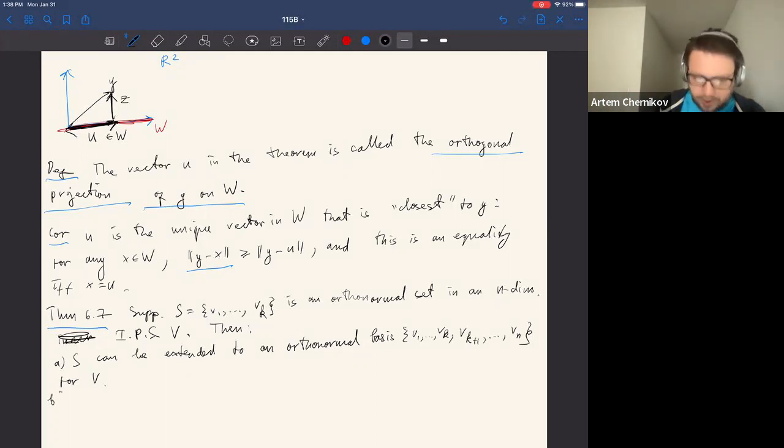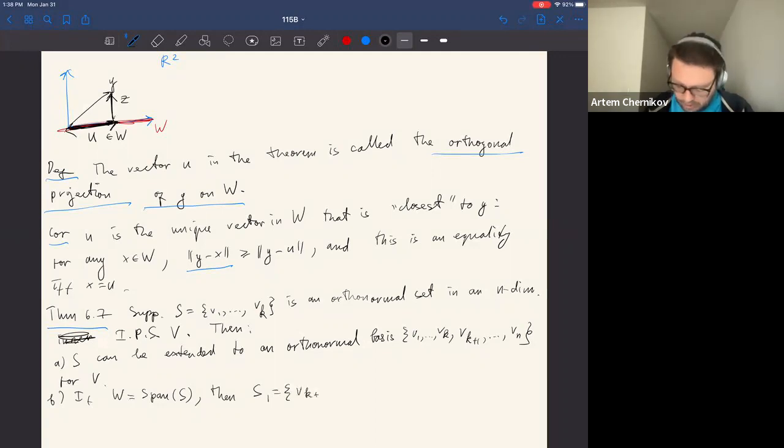This is A, okay? Now part B: if W denotes the span of the set S, then we can write S1 to be the set consisting of all these other vectors, vk+1 through vn. These are the vectors in the orthonormal basis which we had to add.